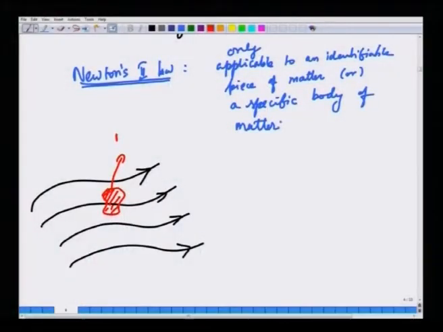A material volume in fluid mechanics contains the same set of material points or fluid particles. Earlier in kinematics we discussed the notion of a single fluid particle, which was identified by its initial location. A material volume is merely a collection of various such fluid particles, and we can look at their motion collectively.